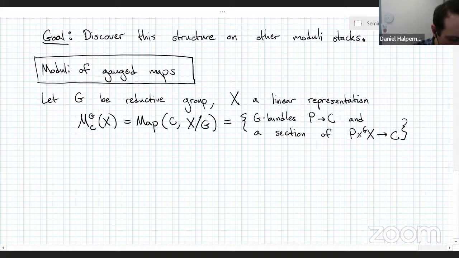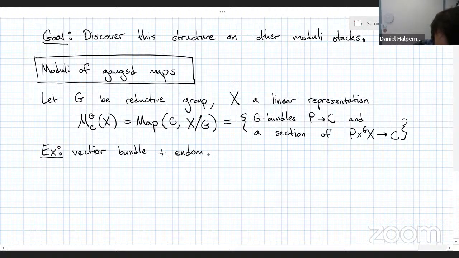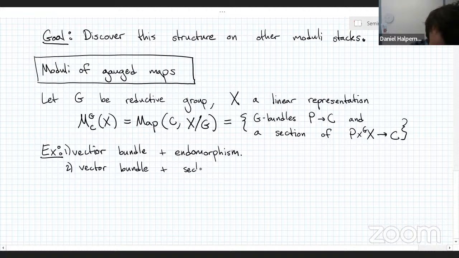There are many things that people think about. An example could be a vector bundle plus an endomorphism. That's a nice example to keep in mind. Or it could be a vector bundle plus a section of wedge 2 E. There's really all kinds of things.